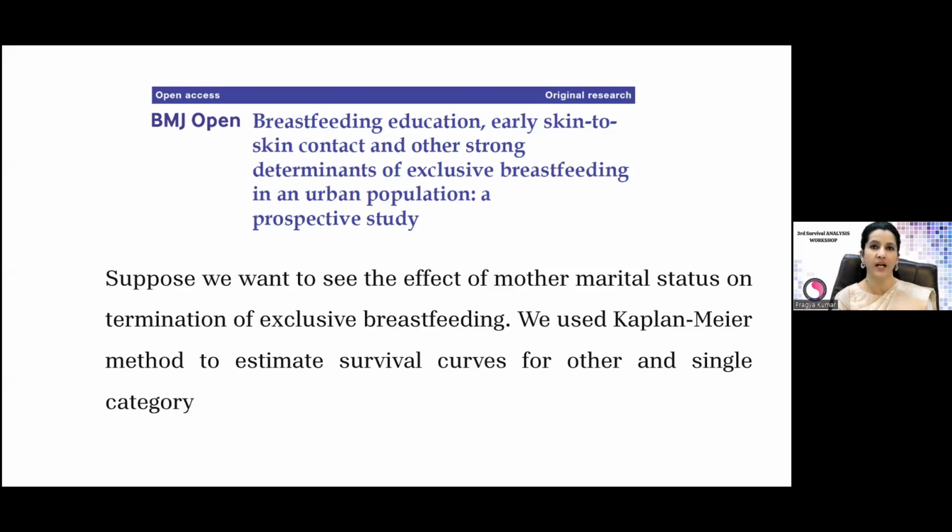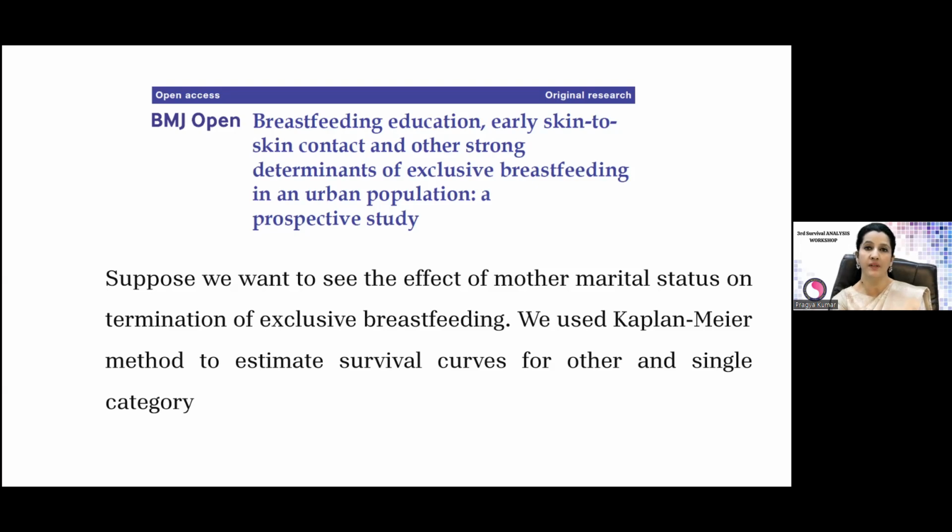So this was the article which we have shared with you people: breastfeeding education, early skin-to-skin contact, and other strong determinants of exclusive breastfeeding in an urban population, a prospective study. Taking the same example, suppose we want to see the effect of mother's marital status.